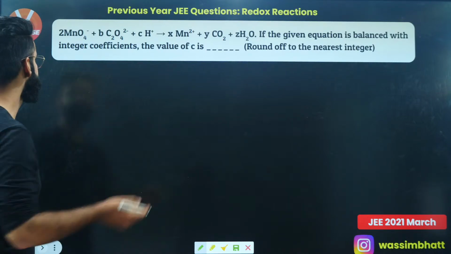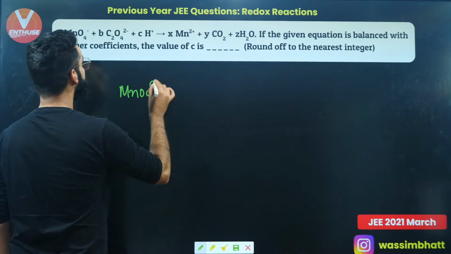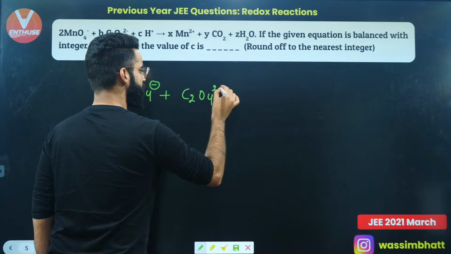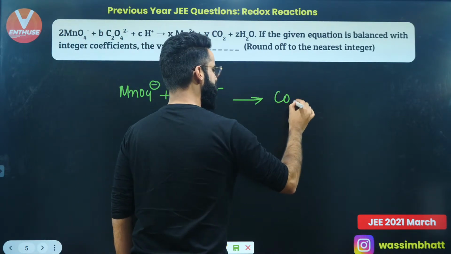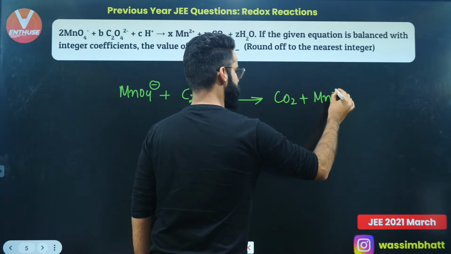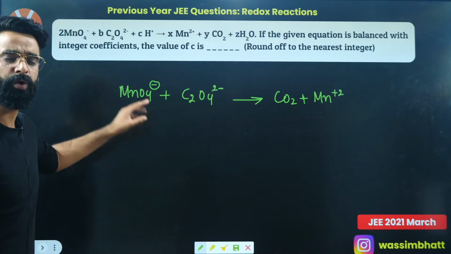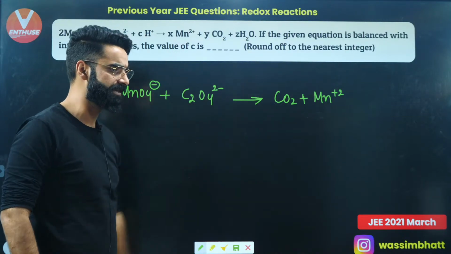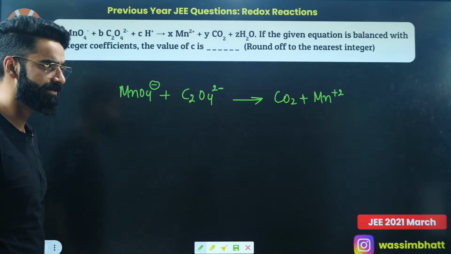The reaction is like this: MnO4 negative converts oxalate ion in acidic medium into carbon dioxide, and itself gets converted into Mn2+. This is something I have discussed in the normal sessions.